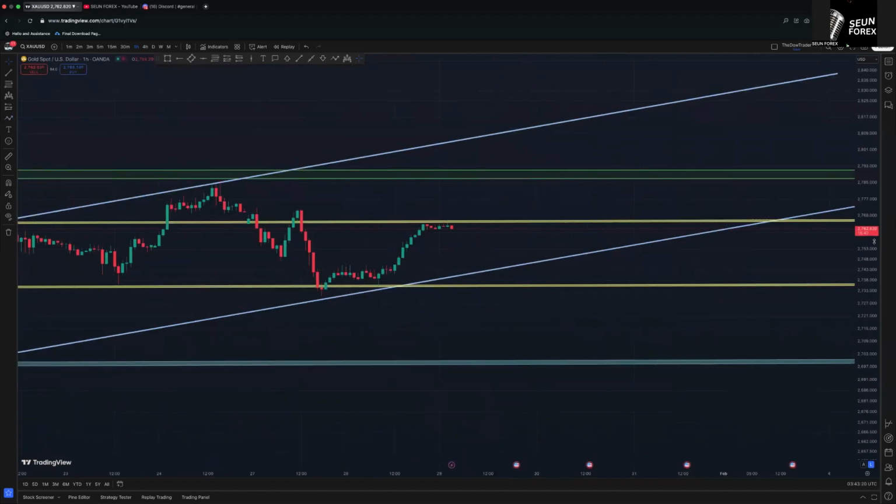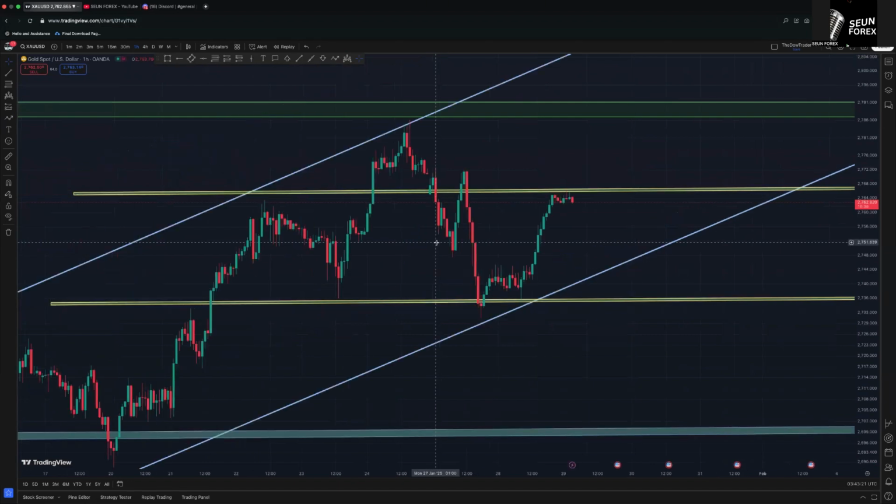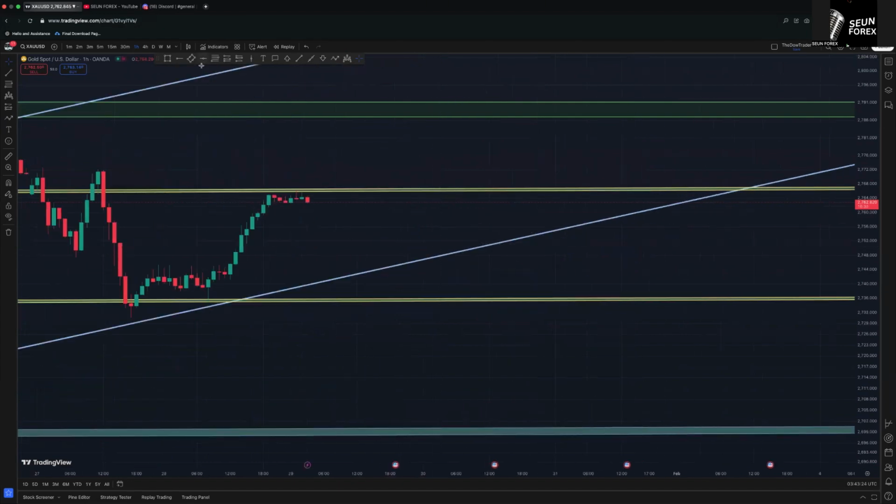Another easy way to find a proper entry is to bring out our trend line, and this is not a perfect entry because one of the things we are watching for is market manipulation. You have to be very, very careful because the market can decide to do anything from here.